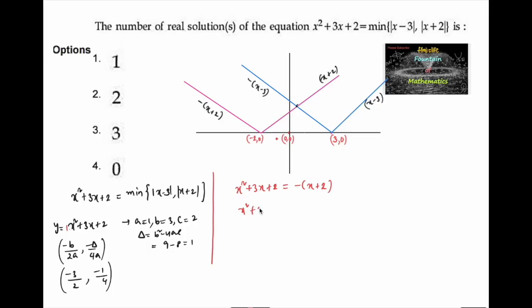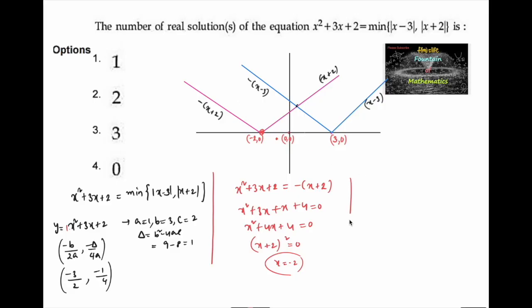That is x square plus 4x plus 4 is equal to 0. That is x plus 2 whole square, that is x is equal to minus 2. Setting x equal to minus 2, we are getting the point. So we can see the graph can be taken.